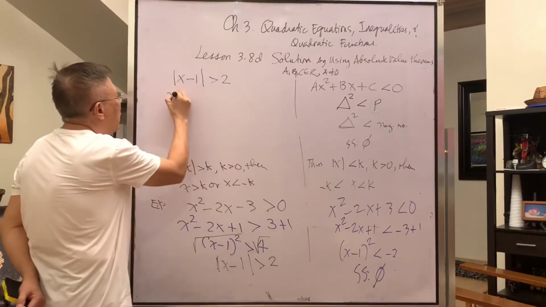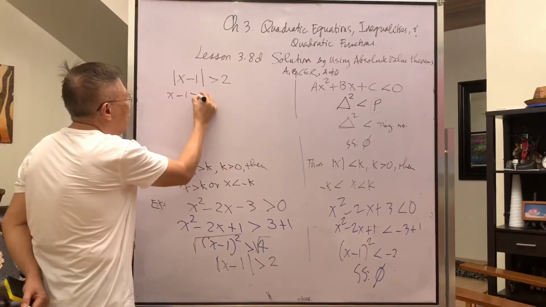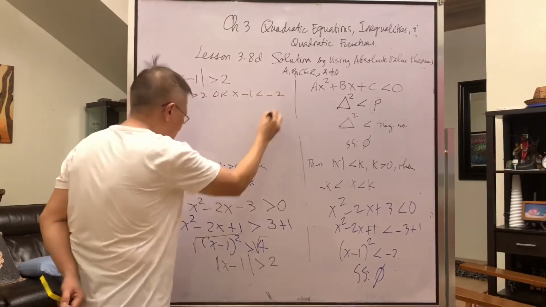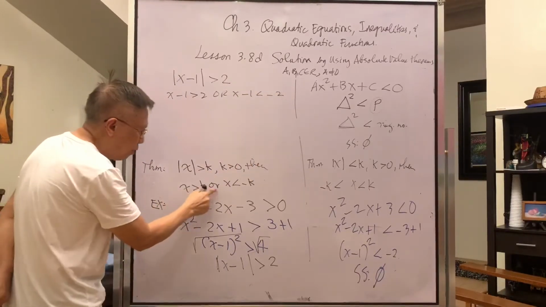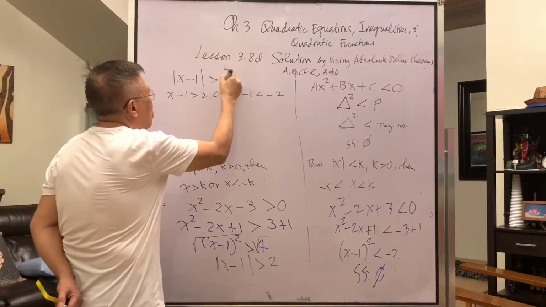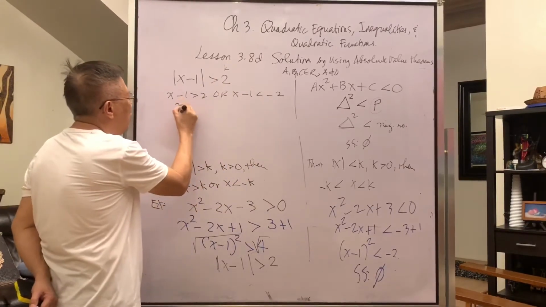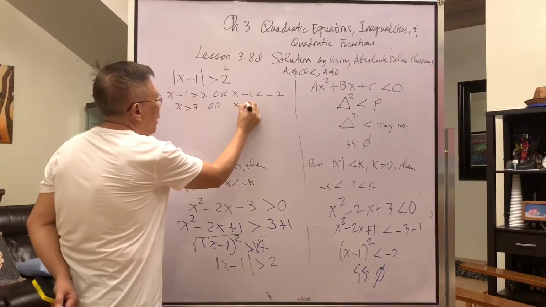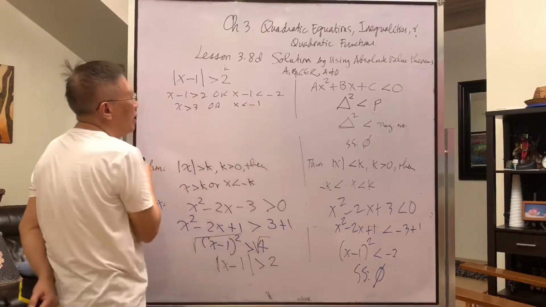And I will get here x minus 1 greater than 2 or x minus 1 less than negative 2. This is x greater than k or x less than negative k. Our k here is 2. Solving these two inequalities, we get x greater than 3 or x less than negative 1.